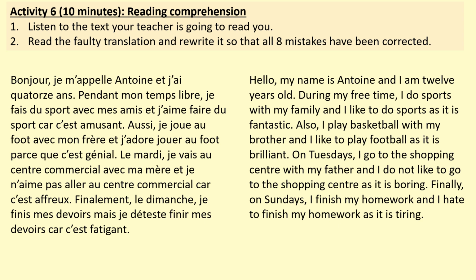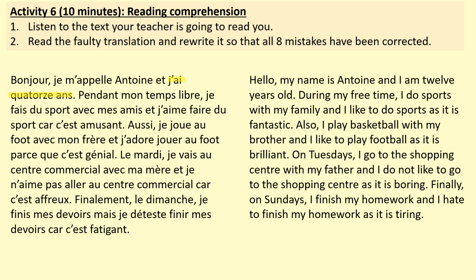Okay, so if we do the first mistake together, he says, Bonjour, je m'appelle Antoine et j'ai 14 ans. The English is, hello, my name is Antoine, and I am 12 years old. Antoine says, j'ai 14 ans. 14, we know, is 14.